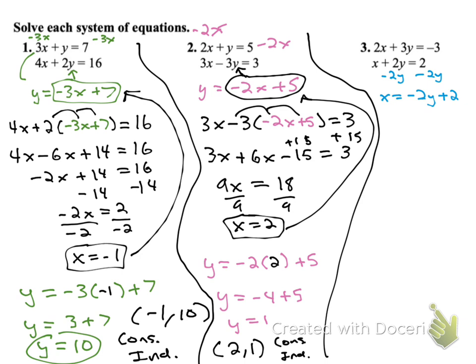You don't have to do it that way, but it is the easiest thing to do there. Because then you can take negative 2y plus 2 and plug it in for x in the first equation. That'll give you 2 times negative 2y plus 2 plus 3y equals negative 3.